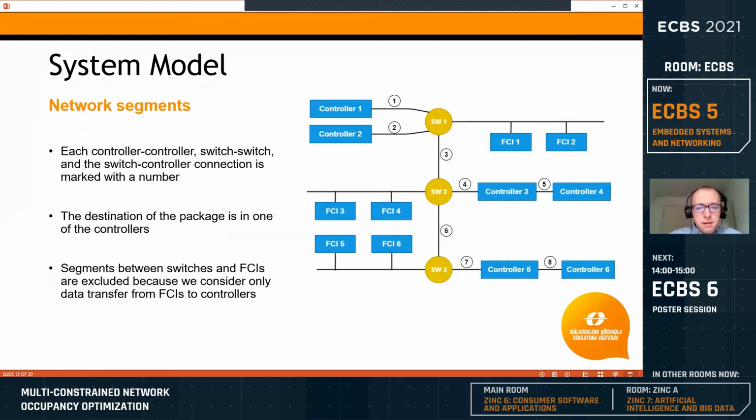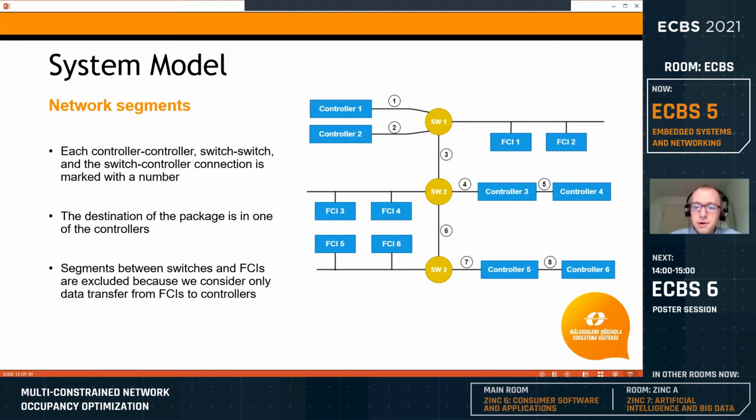Regarding the system model, here on the right side is one simple network topology. We didn't use this topology for experiments; it's only to show how we created topologies and numbered them. You can see the numbered areas; those are segments between controllers and switches, and between switches.